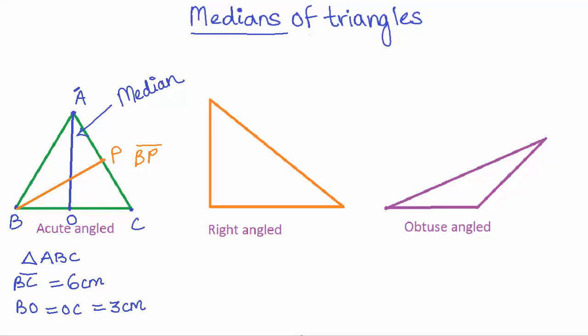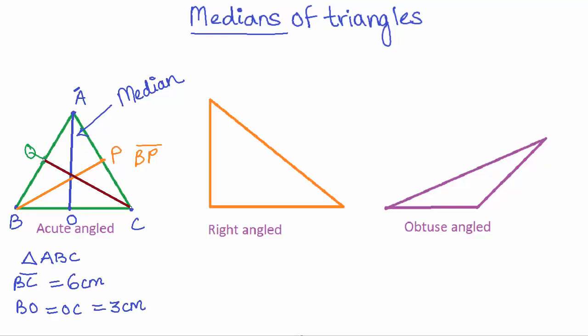Similarly, we can draw a third median if we were to take the midpoint of AB. Let's call this Q, and what we do, like we did earlier, is drop a straight line from C to Q, and this is a median.